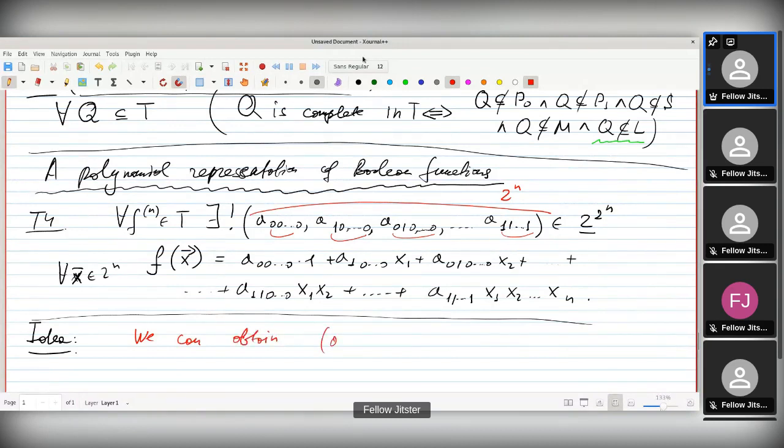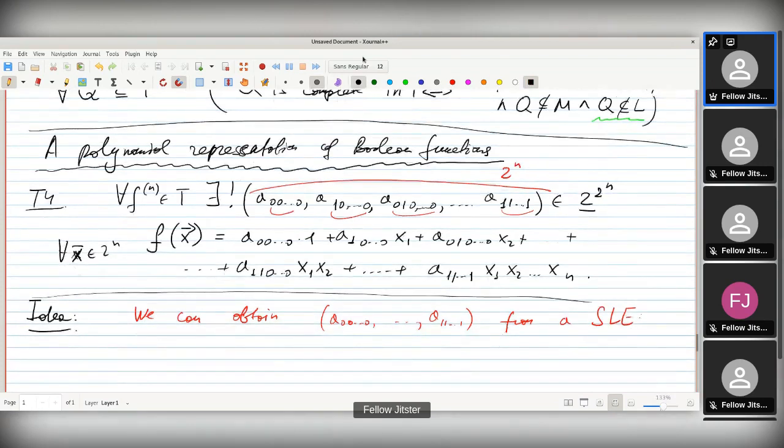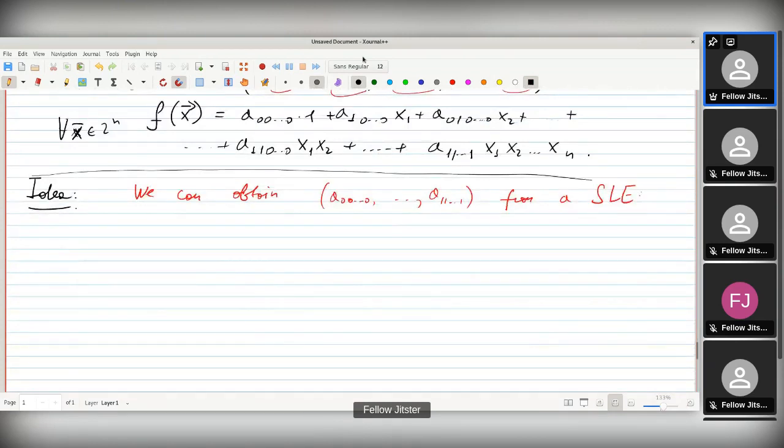We can obtain these coefficients from a system of linear equations. Are you familiar with systems of linear equations from your linear algebra course? Yes. Let us do it for an example.